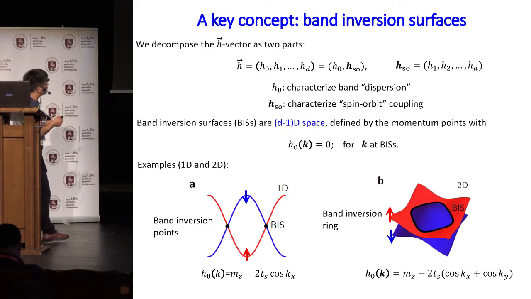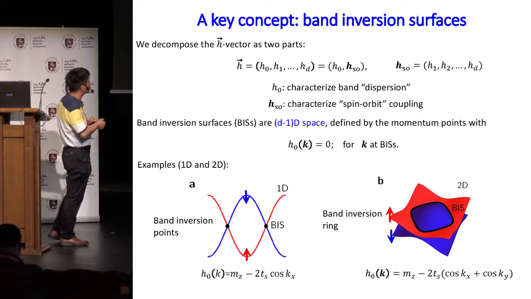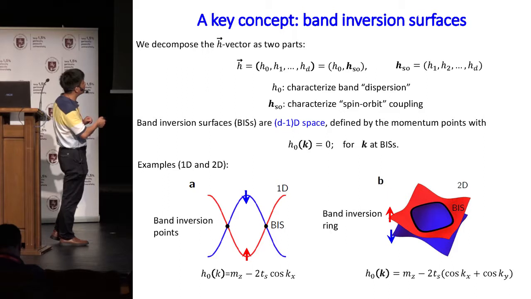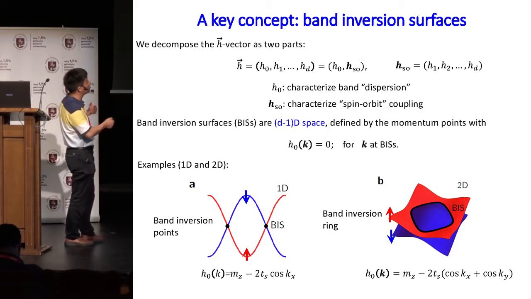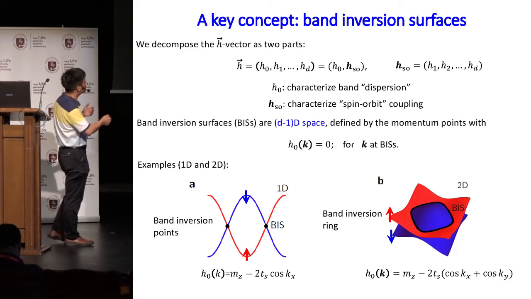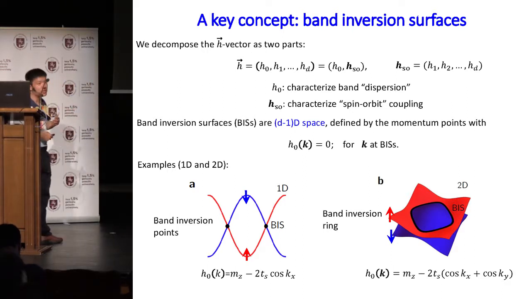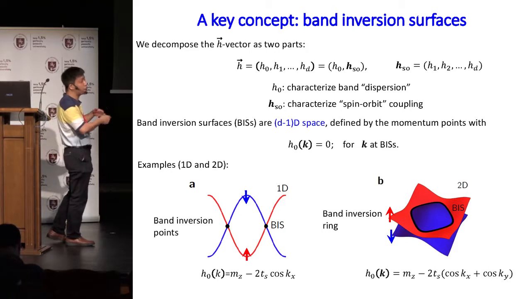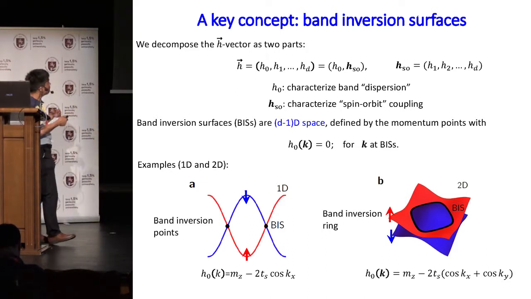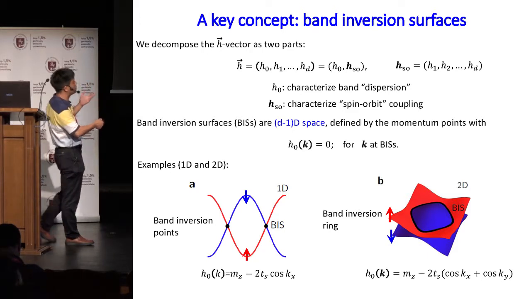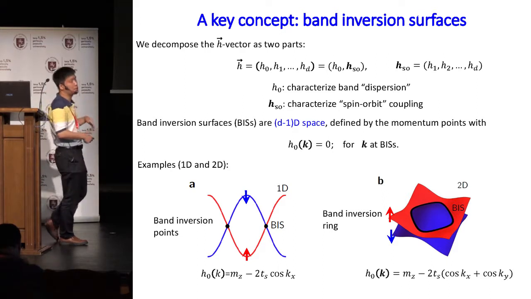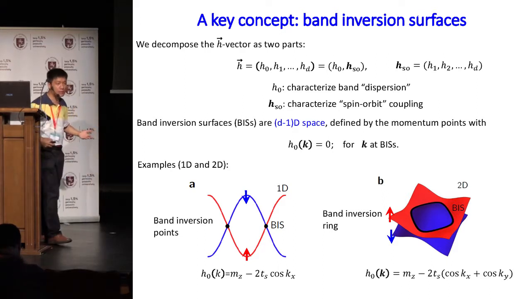We decompose this h vector into two parts: one is h0, the remainder is hSO. h0 characterizes the band dispersion, and hSO characterizes the spin-orbit coupling, meaning the coupling between different bands. Now the band inversion surface is defined as the set of all momentum points where h0 vanishes, that is, h0 is 0.